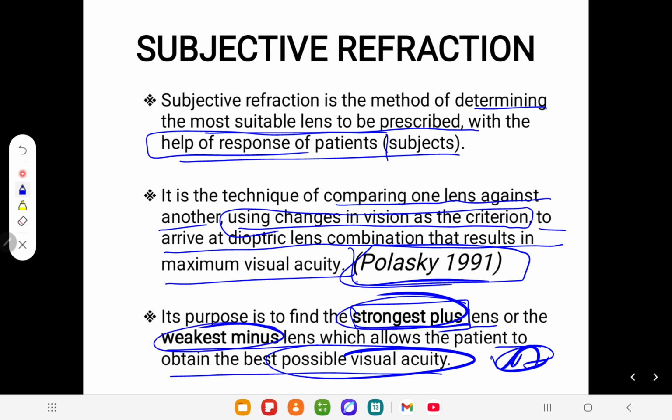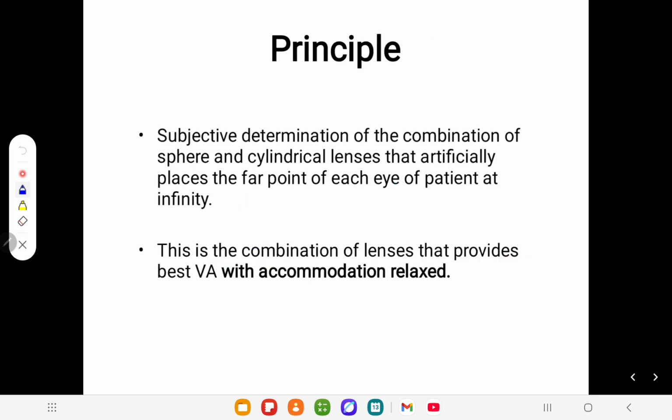That's a very important point. Both stimulate less accommodation or relax accommodation. So, subjective determination of the combination of sphere and cylindrical lens artificially places the far point of each eye at infinity.